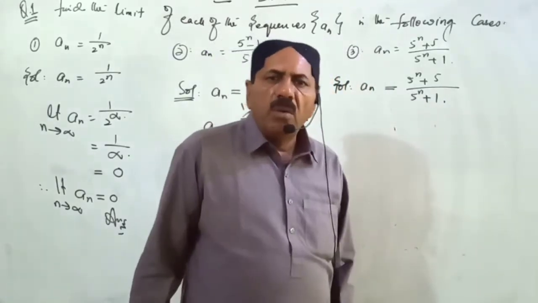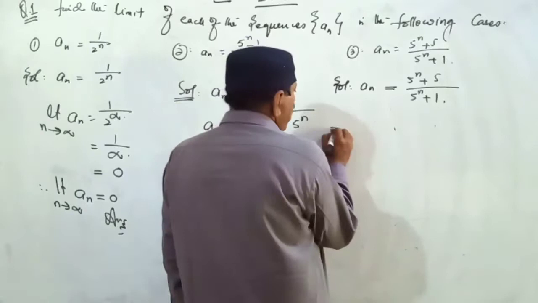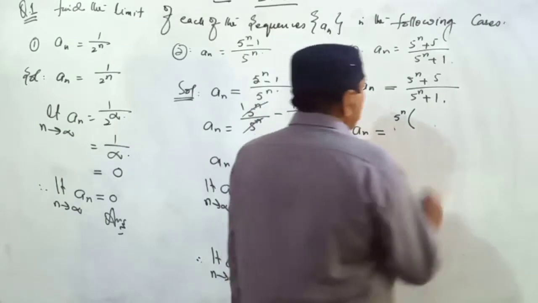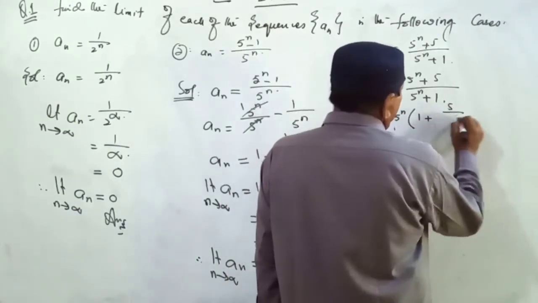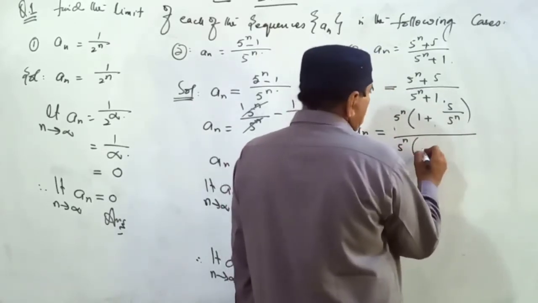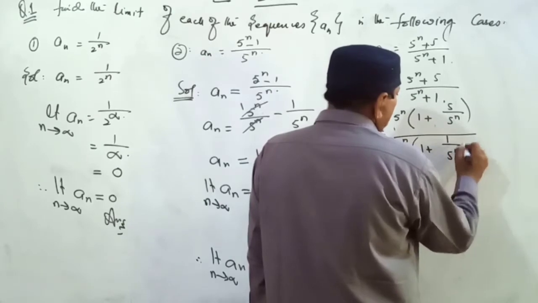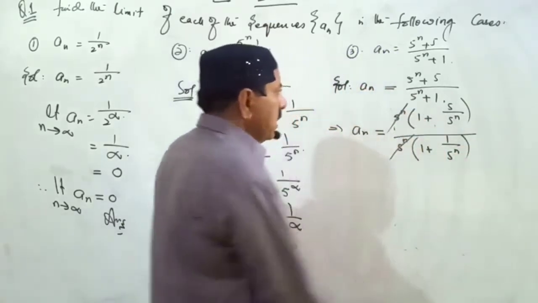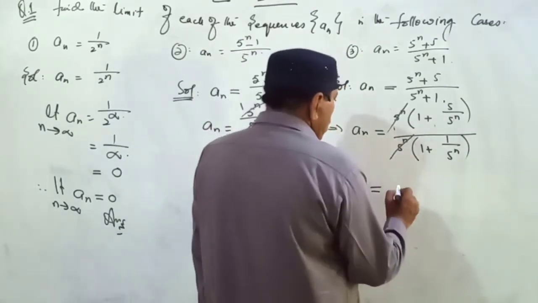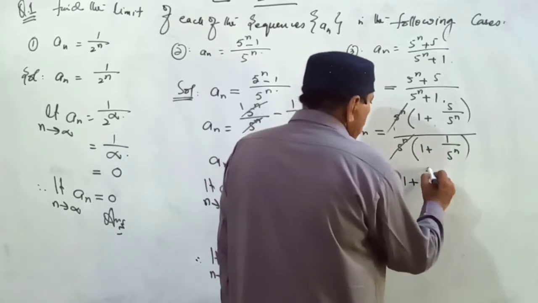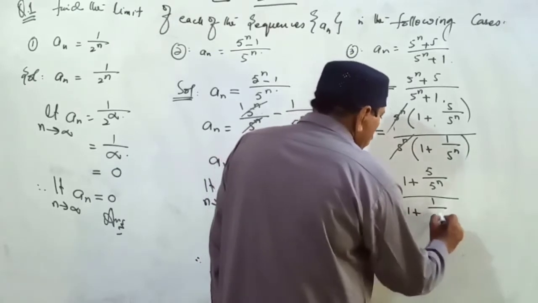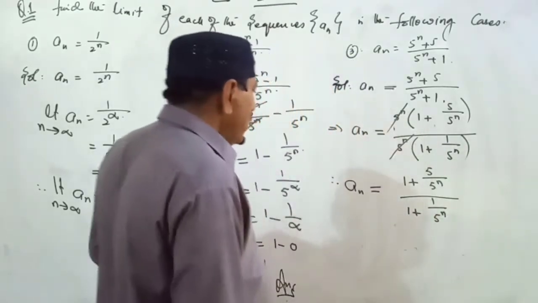So, we can take 5 power n as a common factor, remaining 1 plus 5 upon 5 power n, over 5 power n as a common factor, 1 plus 1 upon 5 power n. 5 power n cancels. So, therefore, a n is equal to 1 plus 5 upon 5 power n, over 1 plus 1 upon 5 power n.